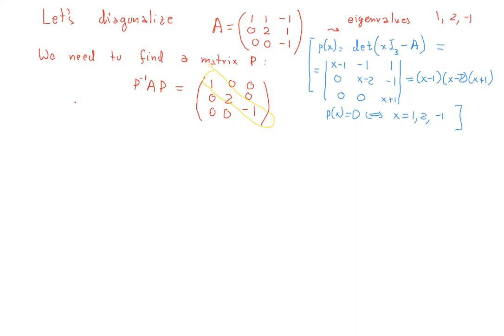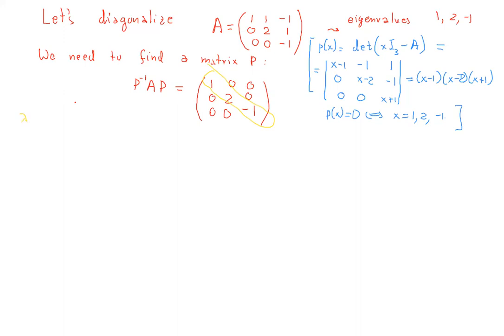In this case, it's not just any numbers, it's specifically the eigenvalues that are going to be there. And every off diagonal entry has to be 0.